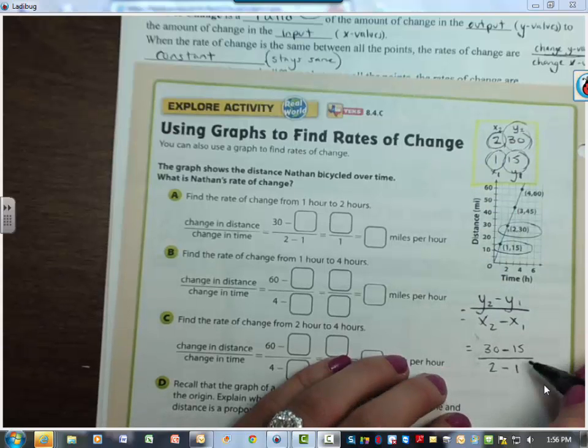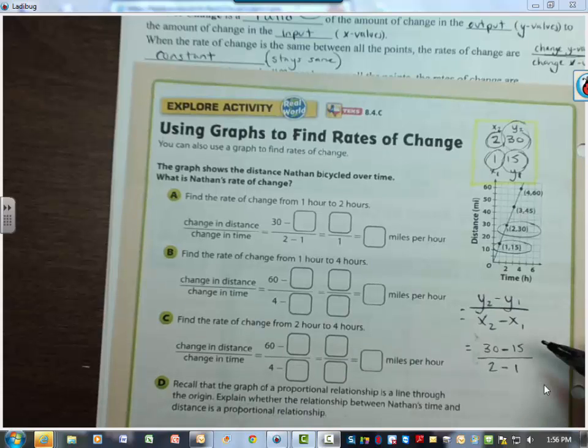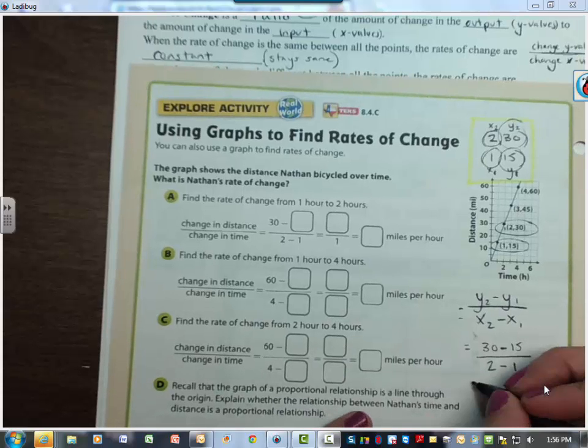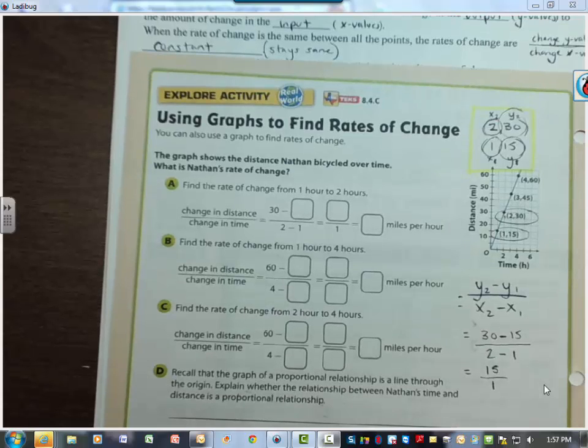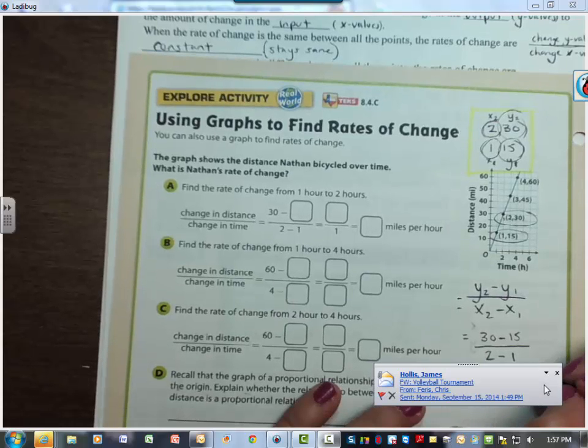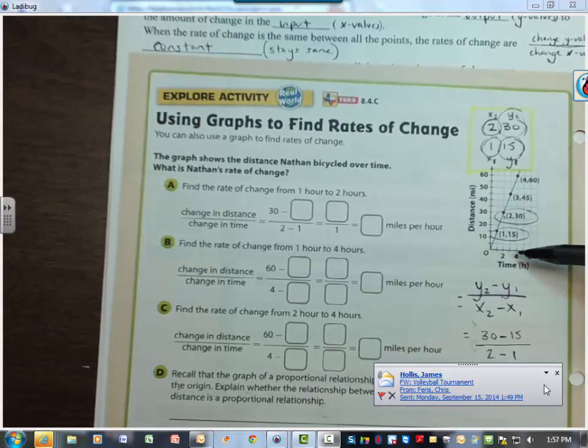Now, just like a fraction bar, I want to simplify the numerator and simplify the denominator and then divide. So 30 minus 15 I know is 15. 2 minus 1 is going to be 1. And that fraction, or that ratio, is simplified. So my rate of change between those 2 points is 15.